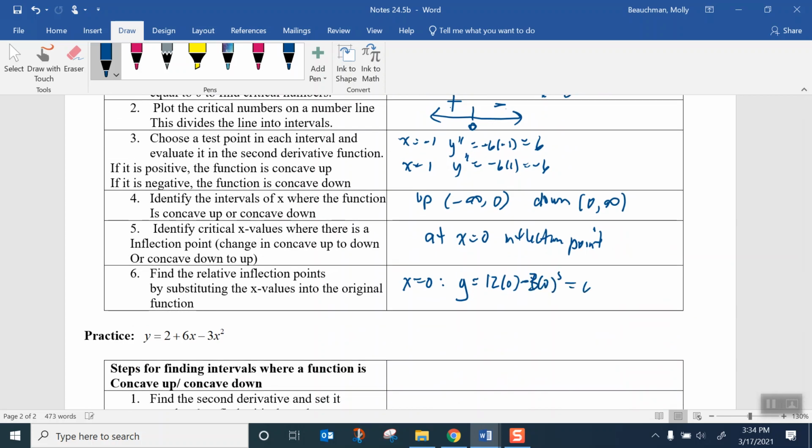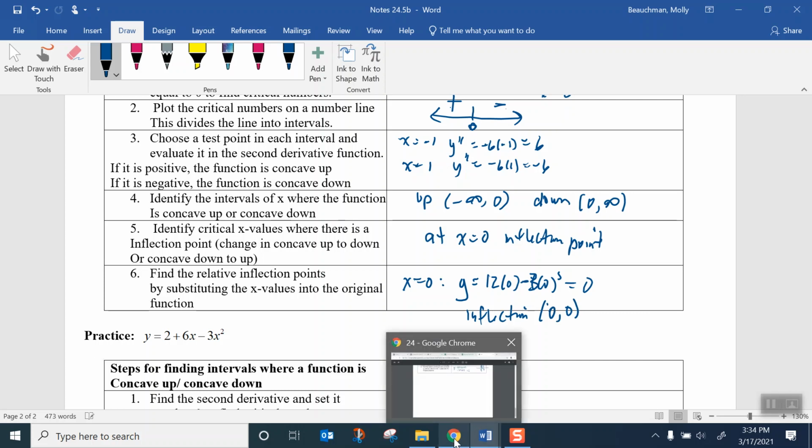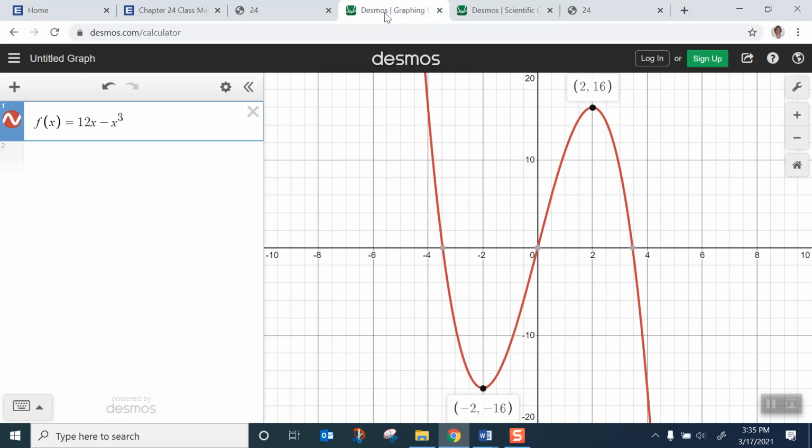I get a y value of 0, so the inflection point is at the coordinate (0, 0). I still have that function graphed. If you take a look at the graph, there's my inflection point at (0, 0). My graph is concave up, and then it turns into concave down, and (0, 0) is an inflection point.